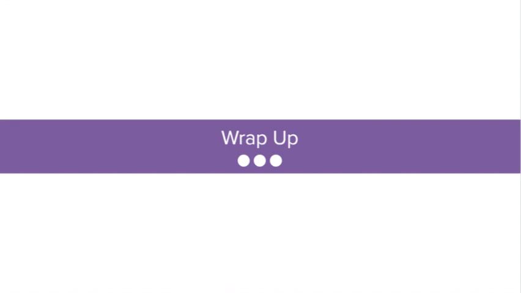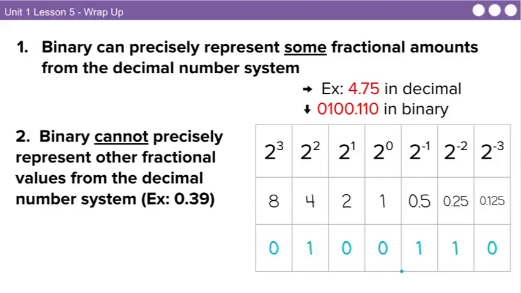To end our lesson, the most important takeaway is to understand that bits can represent a limited amount of information. Here are a couple of points first. Binary can precisely represent some fractional amounts from the decimal number system.